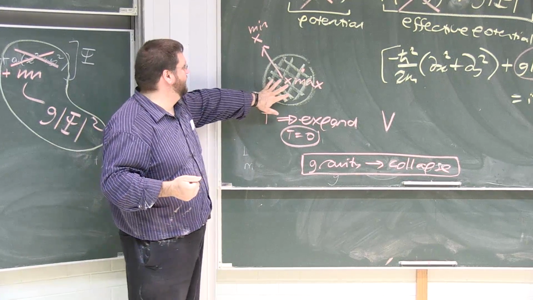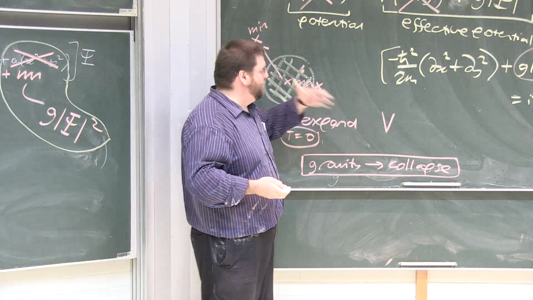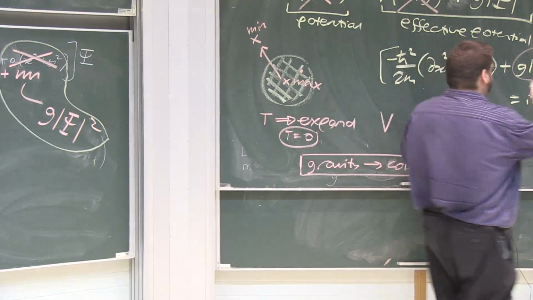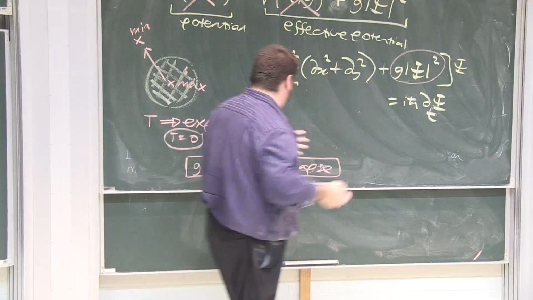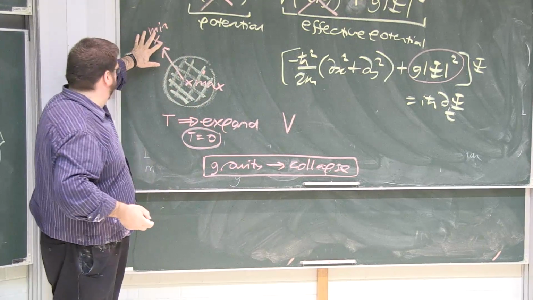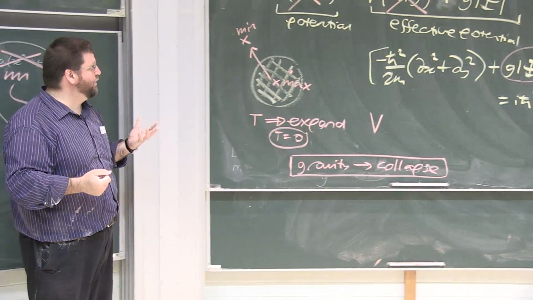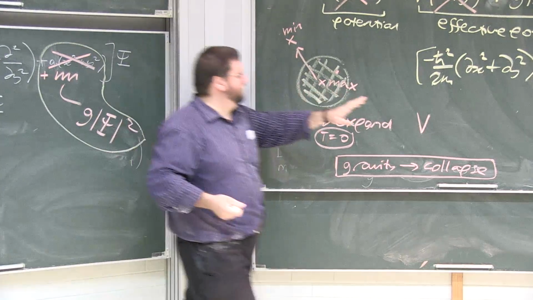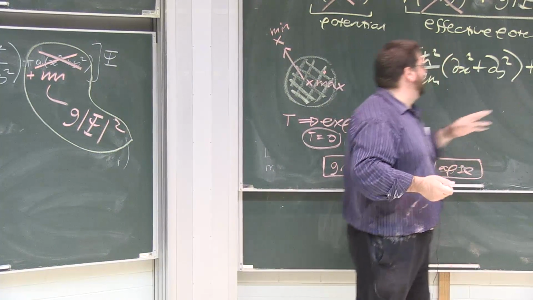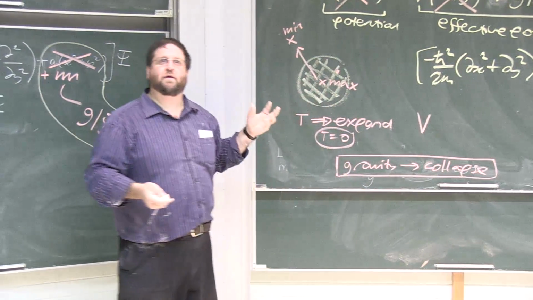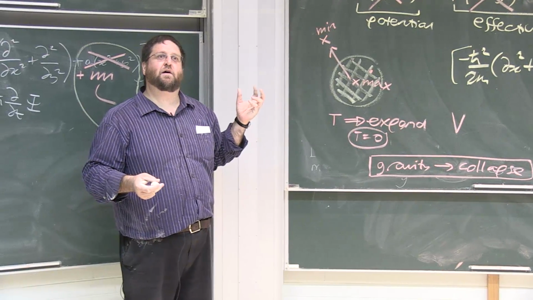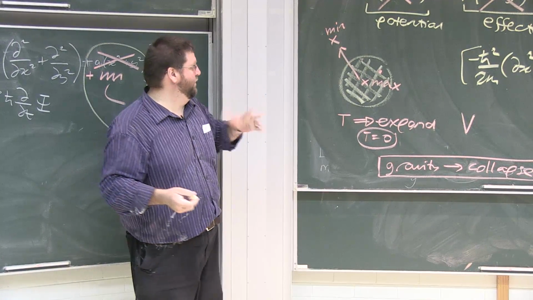I'll ask the question again. If G is positive, the effective potential is going to be big here and small here. The wave function itself is creating its own potential with which it interacts. Will this term make the wave function expand, or will it make it contract? Expand, beautiful.